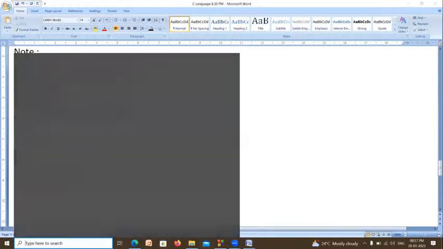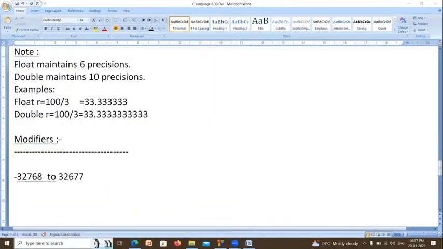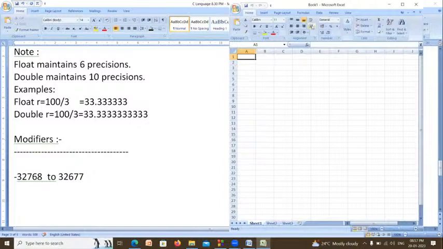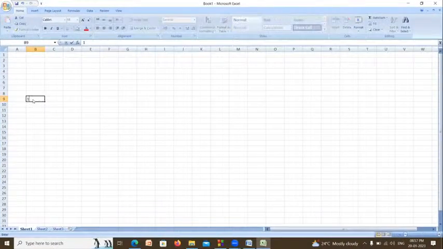Suppose, what is the meaning of this? I will explain here. Suppose a 32-bit operating system means your system has the first bit, second bit, third bit, fourth bit, like that. It starts with 1. Now it's double 2, double 4, double 8.